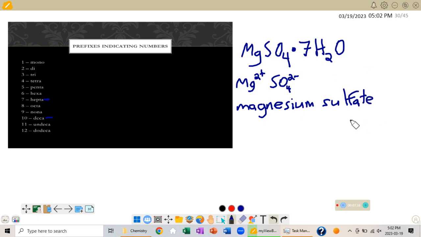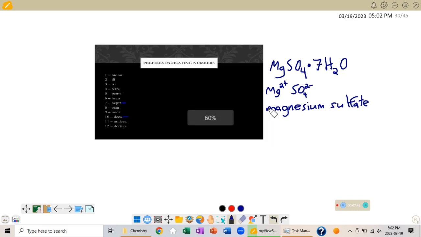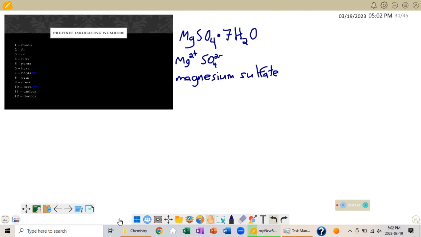And 7H2Os means, okay, and I'm going to write this up beside it, so we can all see it in one straight line. Heptahydrate.